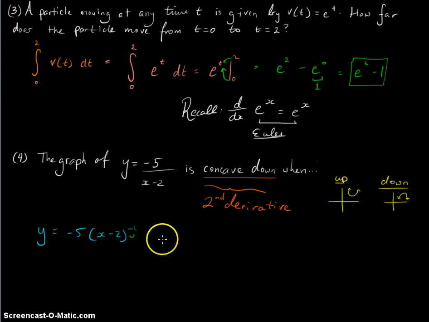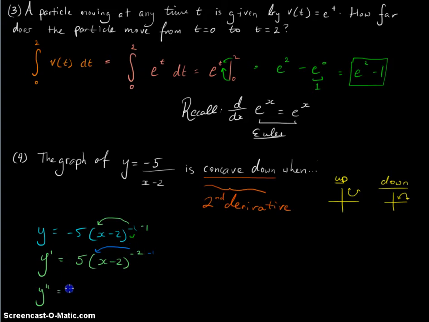So what do we have here? Let's take the derivative, y prime. We have to bring the exponent down and then subtract 1 from it. So negative 5 times negative 1 is just 5. And then we subtract 1 from negative 1, it becomes negative 2, times the derivative of the inside, but the derivative of x minus 2 is just 1, so we don't need that. And now y double prime is equal to, again, we bring it down and then you subtract 1.